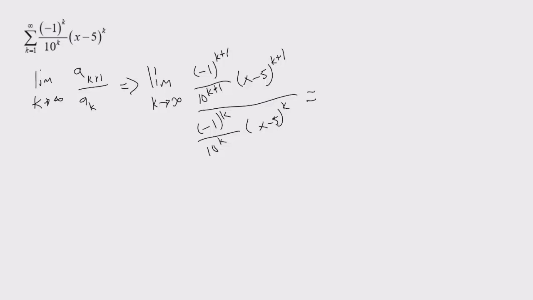Okay, so let's use our exponent rules and break this apart. And then we have a little bit of fraction rules that we can apply. So that's negative 1 to the k times negative 1 over 10 to the k times 10, and that's x minus 5 to the k times x minus 5.